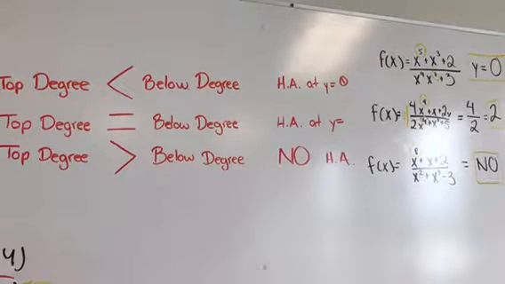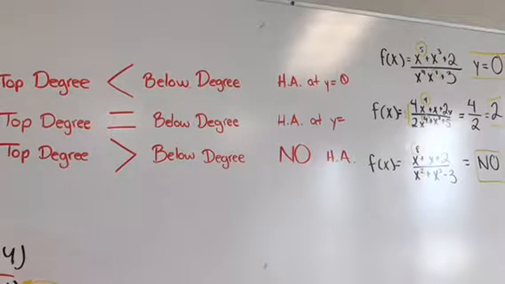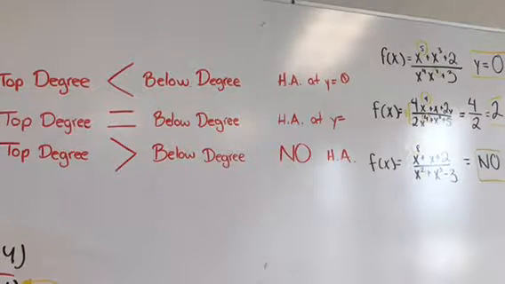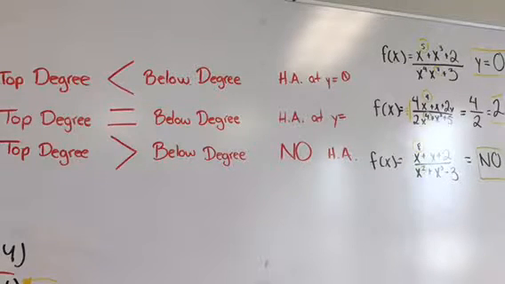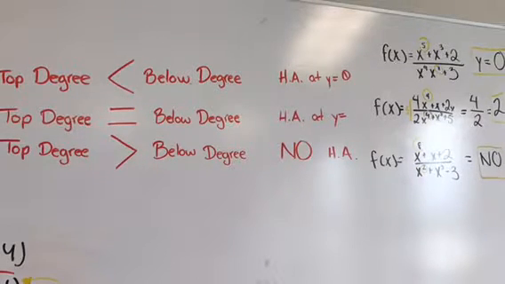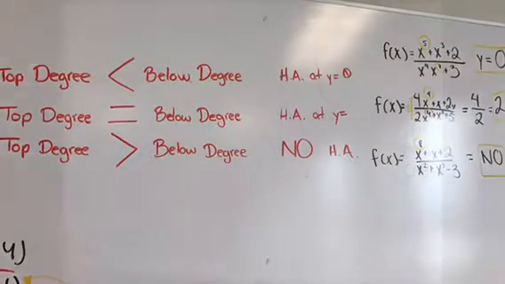In this case, the result will be 2, so your horizontal asymptote will be at 2. And the last case will be if the top degree is bigger than the bottom degree. In that case, you will not have a horizontal asymptote.